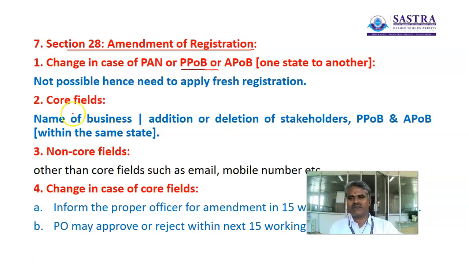Core fields, you see, name, address, addition, deletion of stakeholders is possible within the state. Within the state, core fields may be changed. But non-core fields, other than core fields, like mail, mobile number, no.